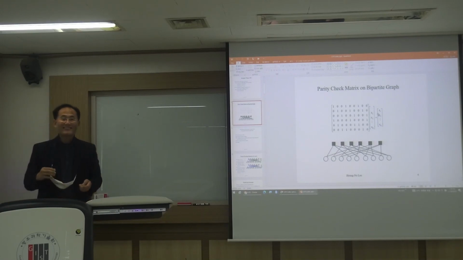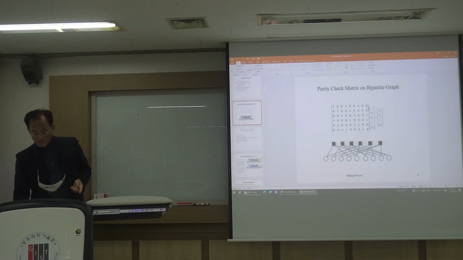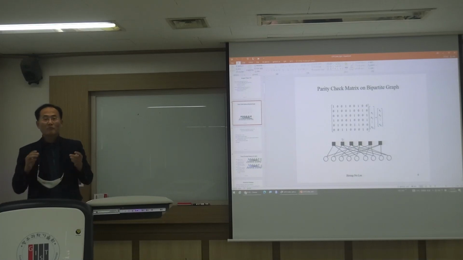Then using this relation, you can design two things. First, the decoding algorithm. And the second, construction of the H matrix, okay? But we will use random construction.